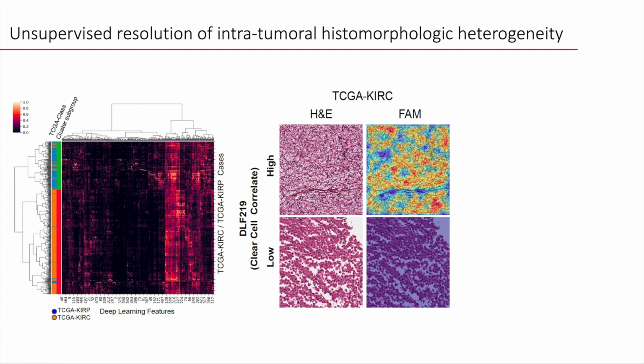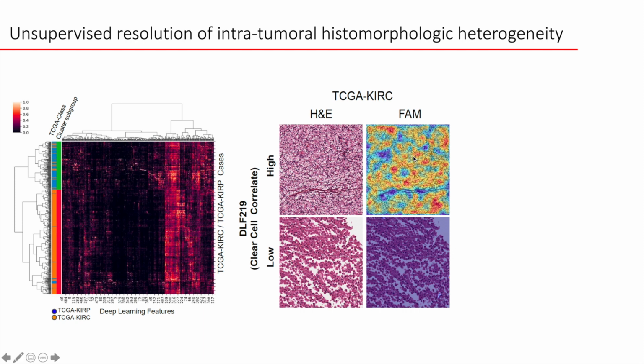So feature 219 was one of these features, and when we find cases and images that had a high activation of neuron 219, or the deep learning feature representation 219, we see that the image is largely made up of these clear cells with clear cytoplasm, whereas when you find images in the clear cell carcinoma cohort that had a low activation of 219, you see tumor cells, but these tumor cells have a rich eosinophilic cytoplasm, which is quite atypical for these tumors. So more on that later.